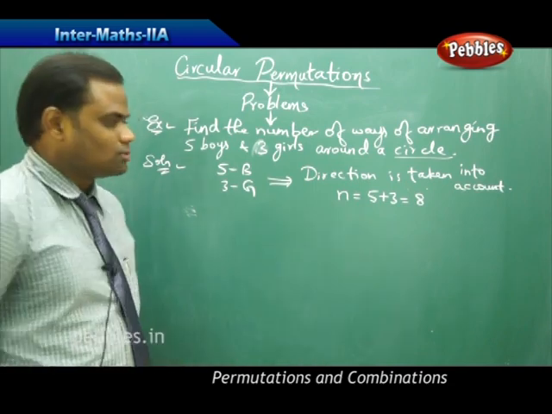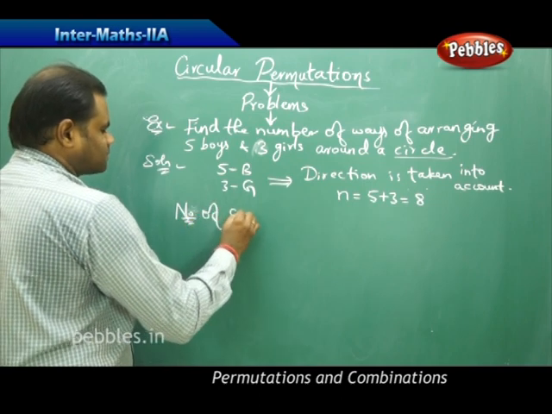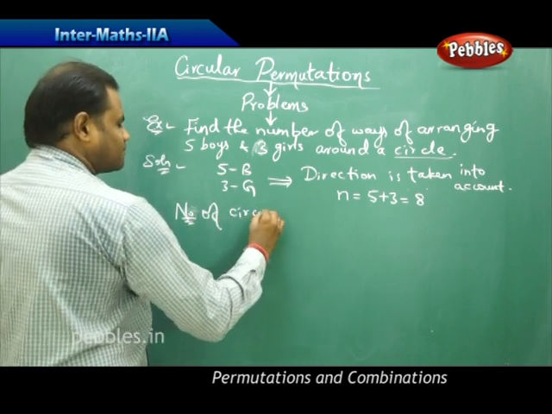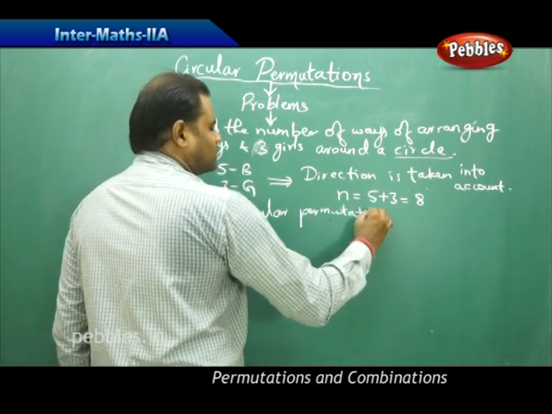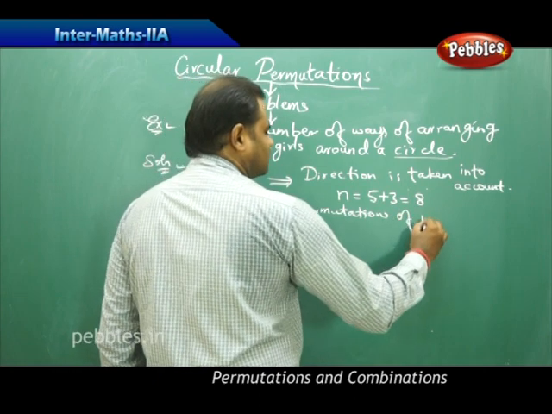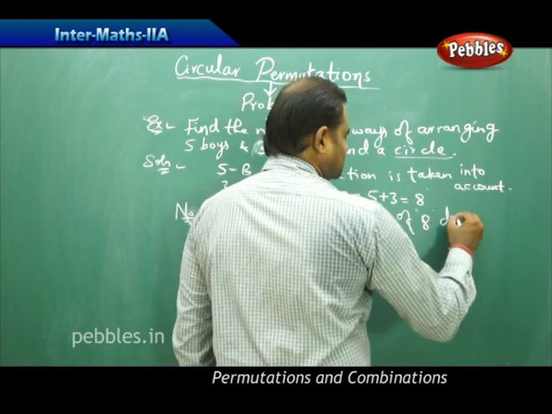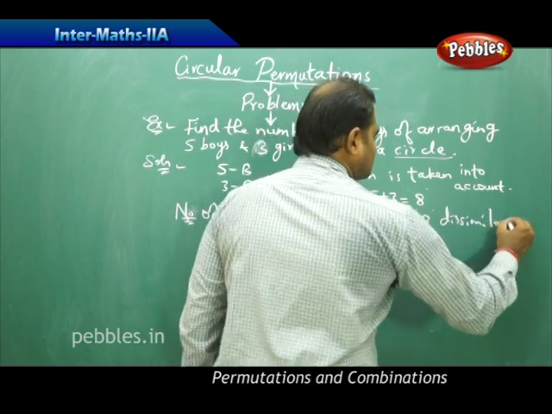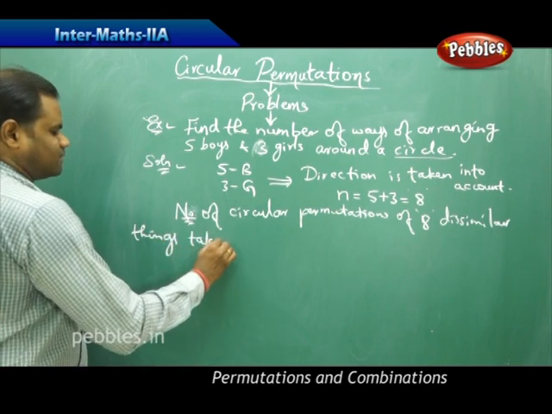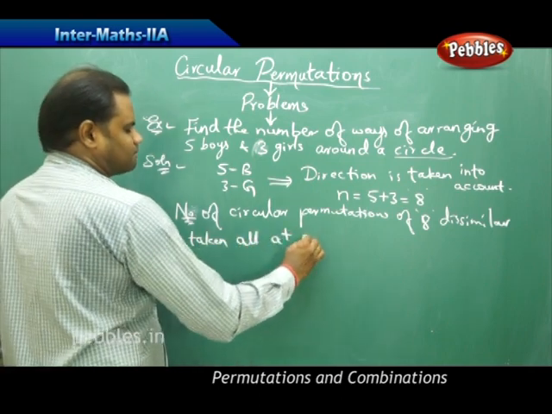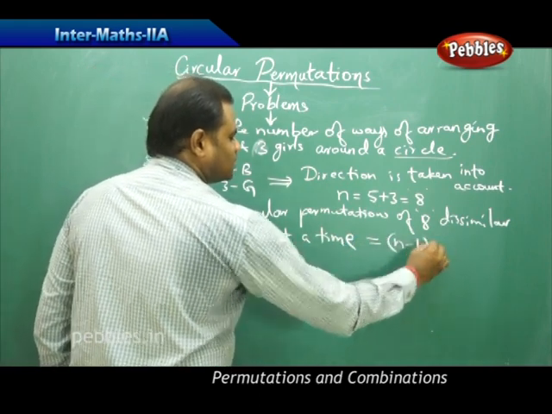So the number of circular permutations of 8 dissimilar things, because n is 8, taken all at a time is given by n minus 1 factorial.